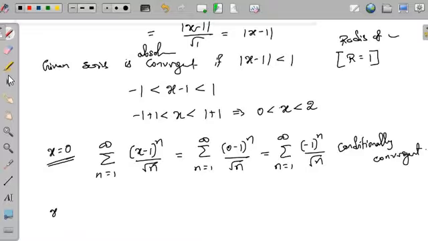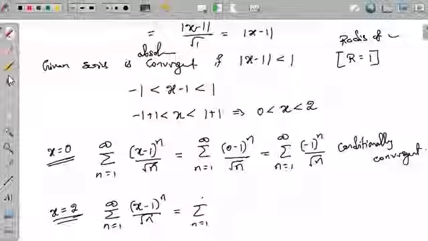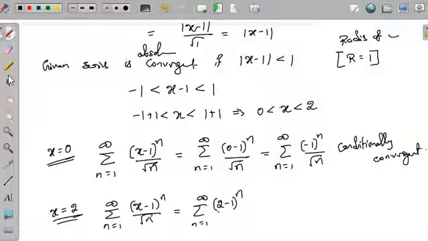Okay. Next, the other end point, x equal to 2: summation n equals 1 to infinity of (x minus 1) whole power n by root n, that is summation of 2 minus 1 whole power n by root n. But 2 minus 1 is 1, and 1 power n is 1.